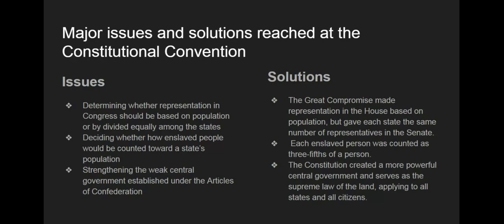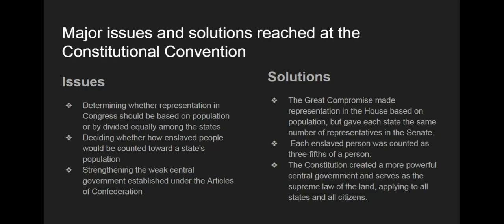They also looked at strengthening the weak central government established under the Articles of Confederation. Some examples of those weaknesses would be that the federal government could not collect any taxes, they could only request that states pay money. We did not have an army, we did not have the ability to draft for the army.